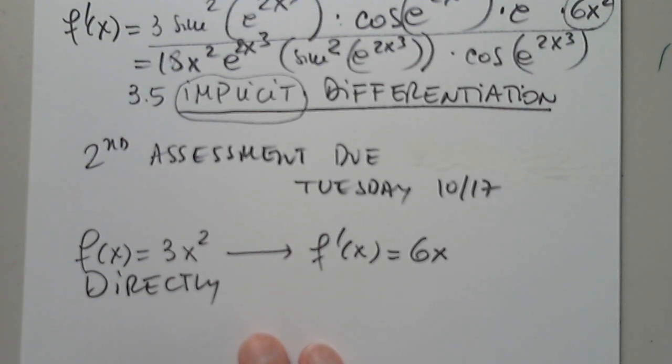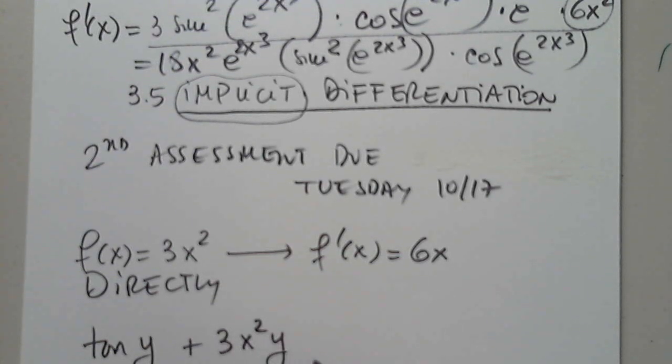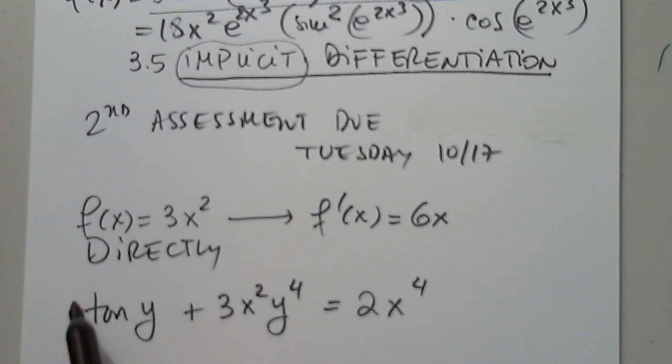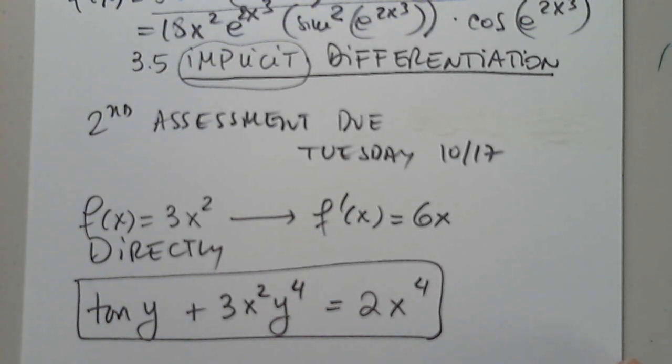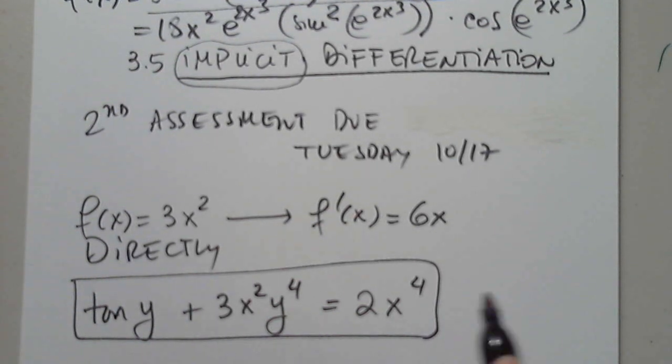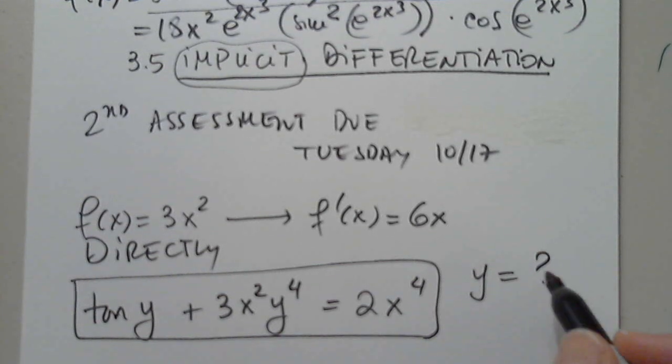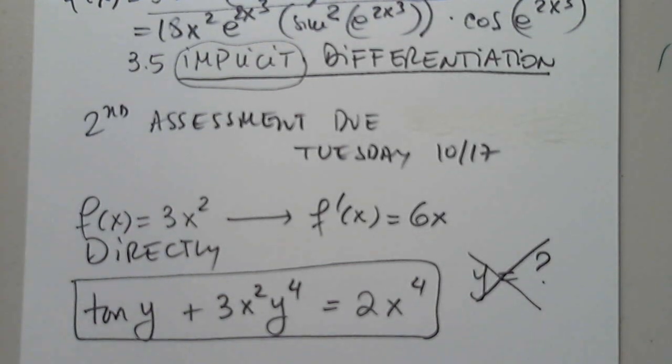But what if I have something like this? Tangent y plus 3x squared y to the fourth equals 2x to the fourth. So I'm given this equation. No one can solve this equation for y. No one. No human being can do that.